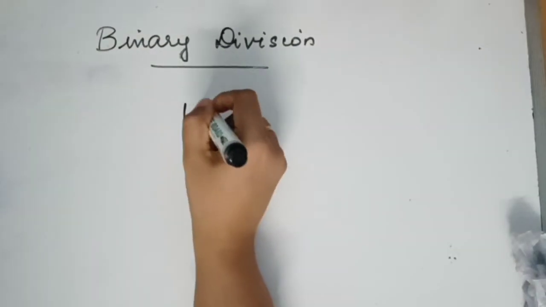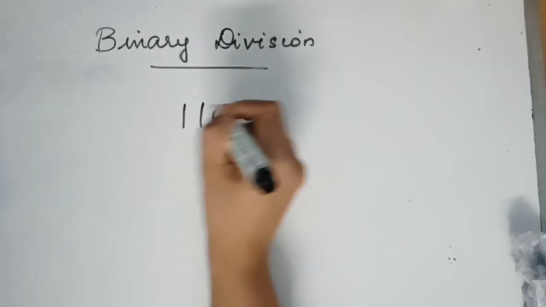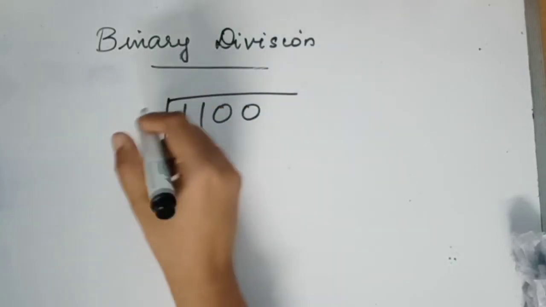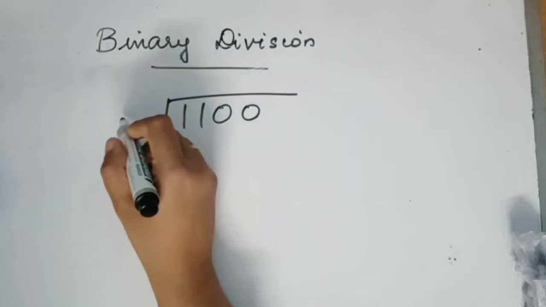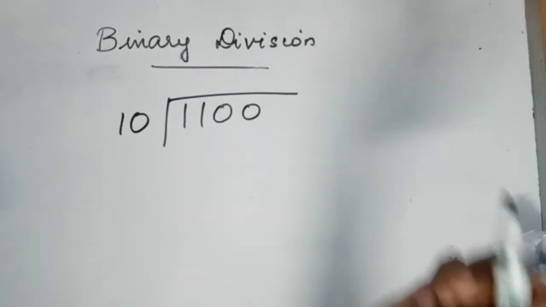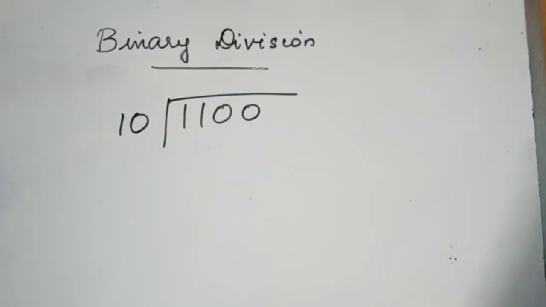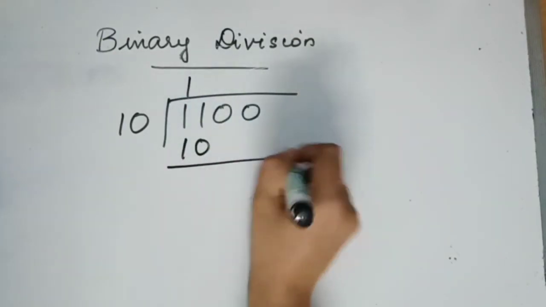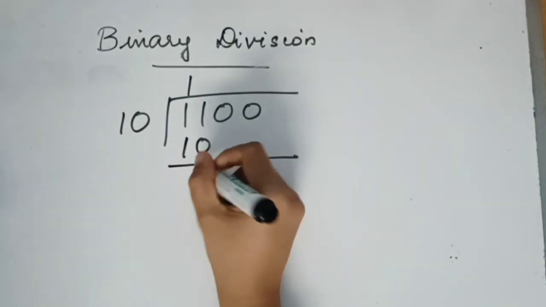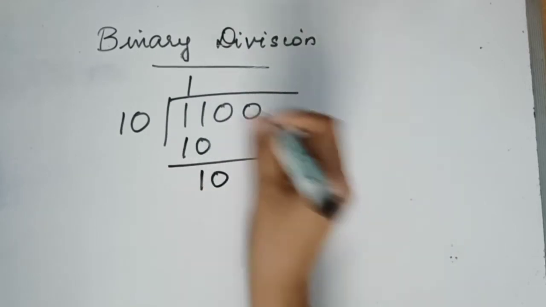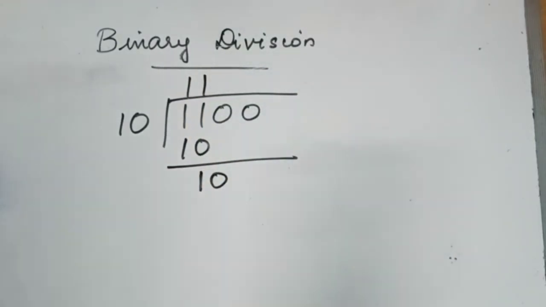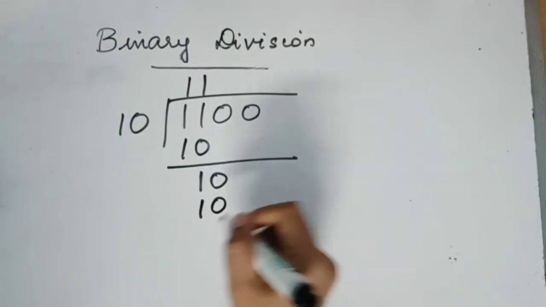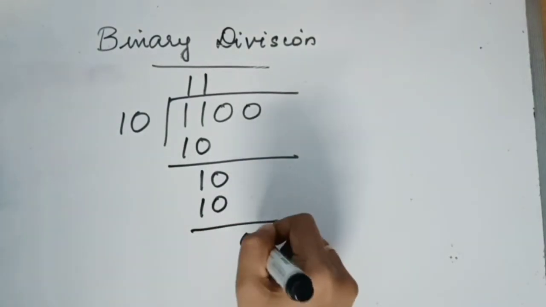Say 1 1 0 0 divided by, say, 1 0. So that will be 1 1 0, 1 minus this will be 1 0, that will be 1 0 0.